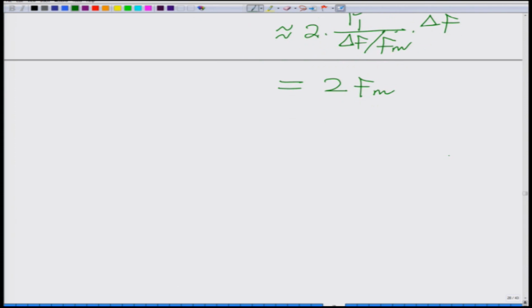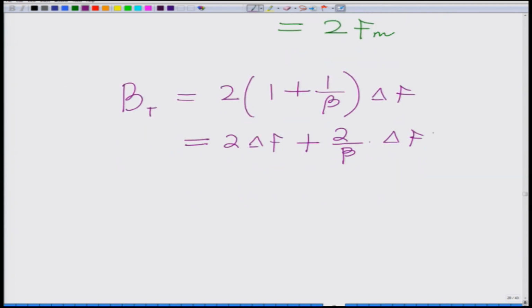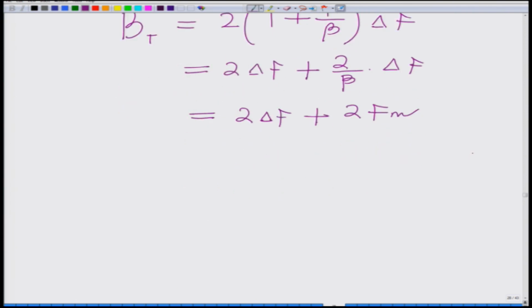And therefore, I can also write this as Bt, the bandwidth, equals twice (1 plus 1 over beta) into delta f, which is twice delta f plus twice delta f over beta. Now, delta f over beta is fm. So, this is twice delta f plus twice fm.